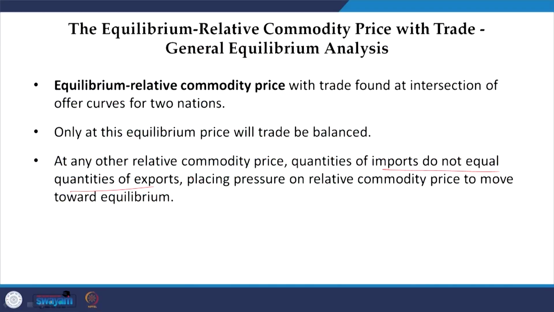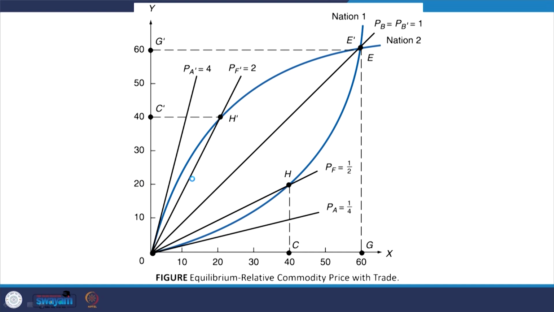At any other relative commodity prices, quantities of imports do not equal the quantities of exports, placing pressure on either the supply side or the demand side, leading to a disequilibrium situation, and ultimately the countervailing pressures will eventually equalize the prices. Therefore, the law of one price prevails, and the relative prices will be equal, and both forces will be acting for a convergence in the relative prices.